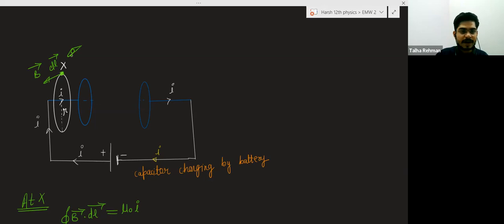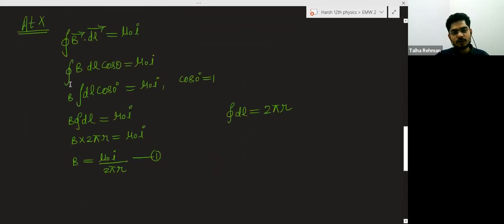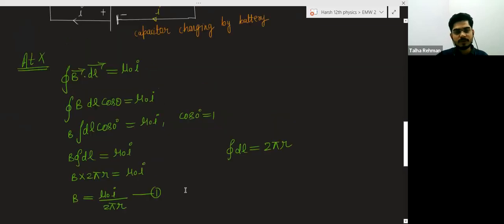This magnetic needle is getting deflected, which means there is some magnetic field at point X, and according to Ampere's law there is a magnetic field, so there is no problem till now.